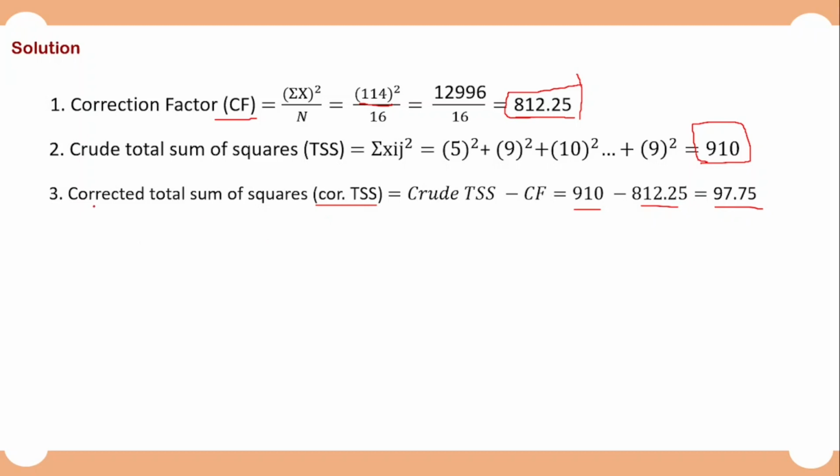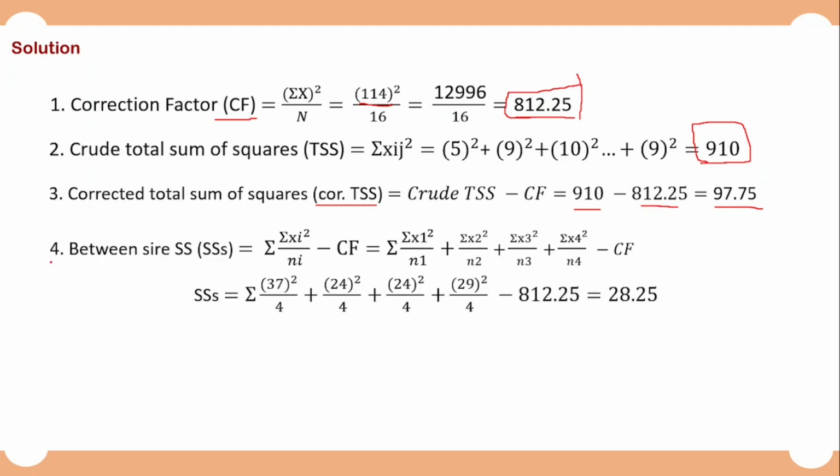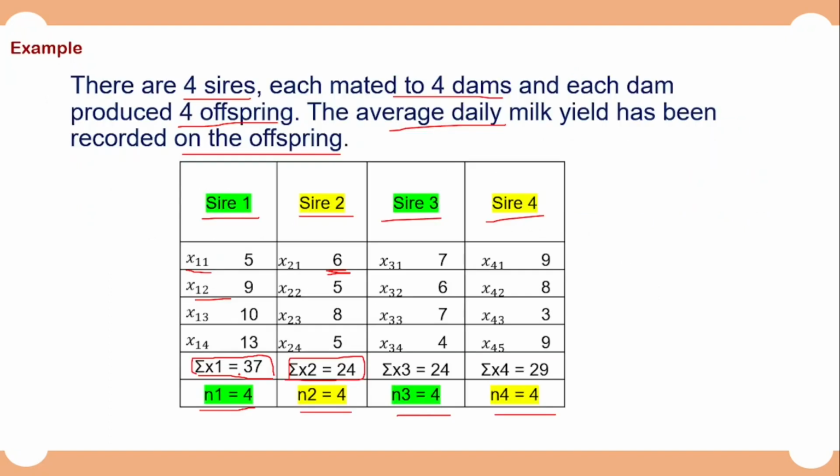Okay, so now we have the correction factor, the crude total sum of squares, and the corrected total sum of squares. So the next step is the calculation of the between sires sum of squares. How will you calculate it? The formula is summation of xi squared divided by ni. This i stands for the columns or groups. The sum of observations for sire 1 is equal to 37.